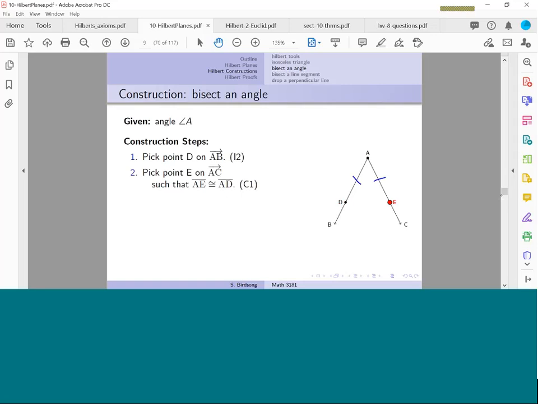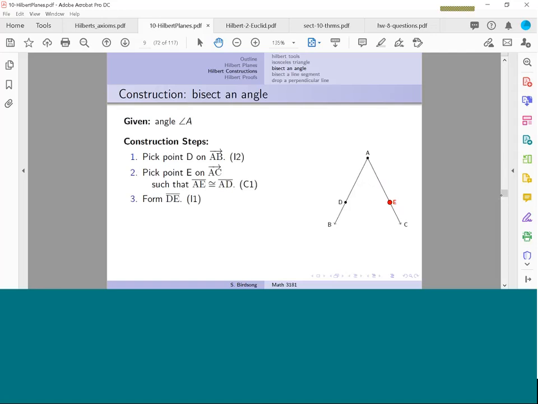And notice this time I actually wrote it a little bit more properly, where I said, do this, and that's the result that you get, unlike in the last example where when we copied the angle, I just said copy the angle instead of giving the result as well. Now, once you have 2 line segments on each of the rays, they're the same length only if you have a distance function in your model, then you're ready to go ahead and form the line DE.